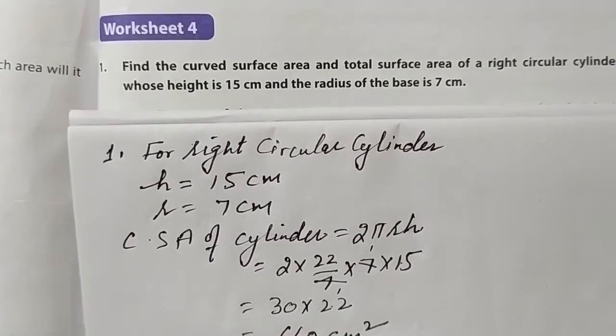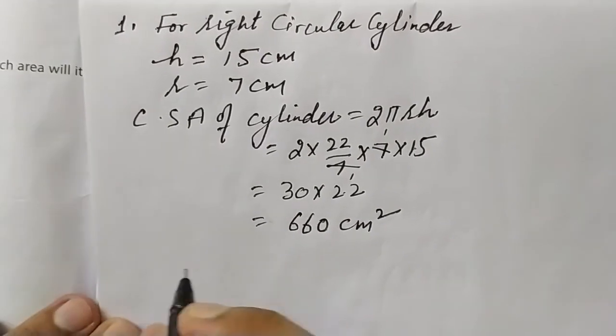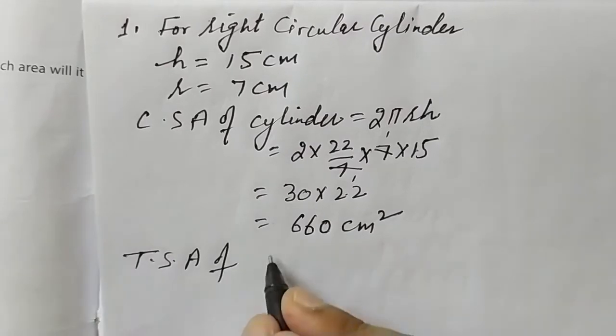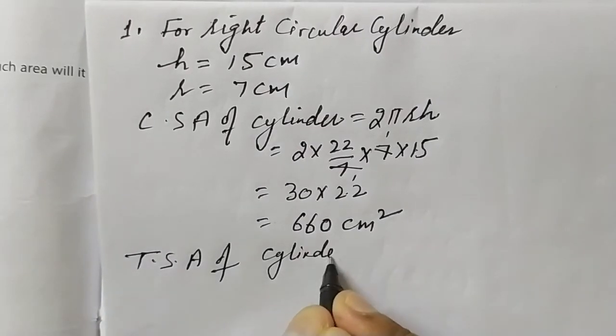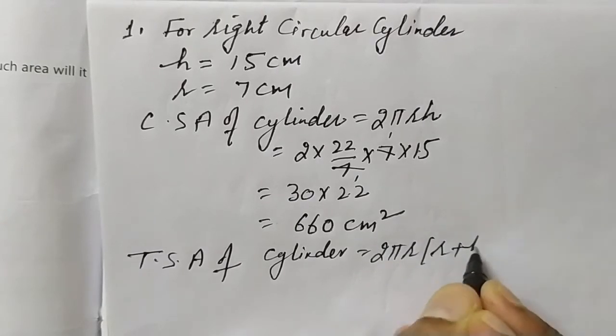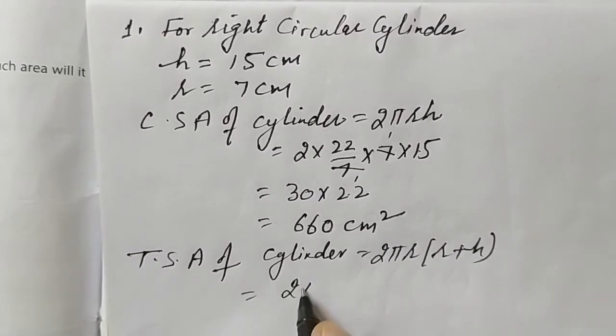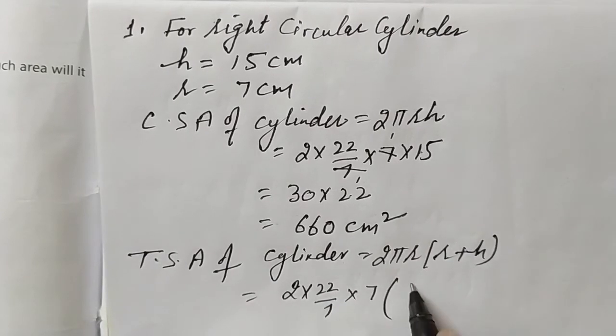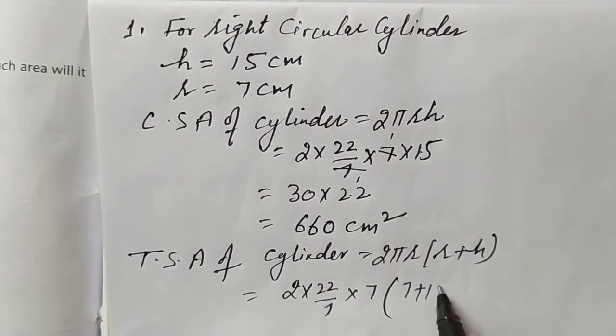Now I need to find out its TSA. So the TSA of a cylinder formula is 2 pi r into r plus h. So what does it become? 2 pi, pi is 22/7, r is 7, r plus h, that is 7 plus 15, right?